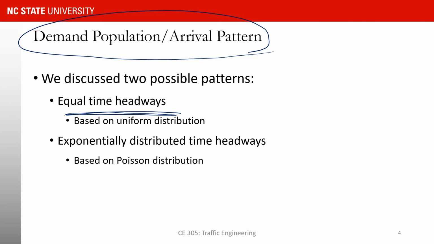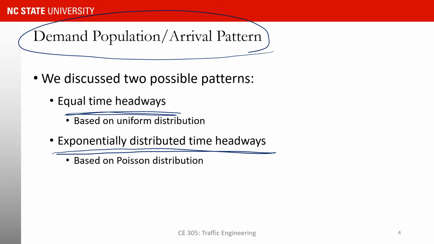The second thing is what we talked about in the previous video, exponentially or negative exponentially distributed time headway. So the headway between each 2 consecutive customers follows a negative exponential distribution, and it's not going to be the same number.